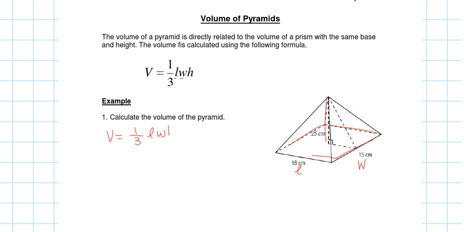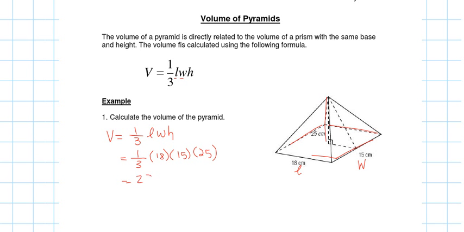So I'll write it down as 18 times 15 times 25, multiply them and divide by 3, and you should have 2250.